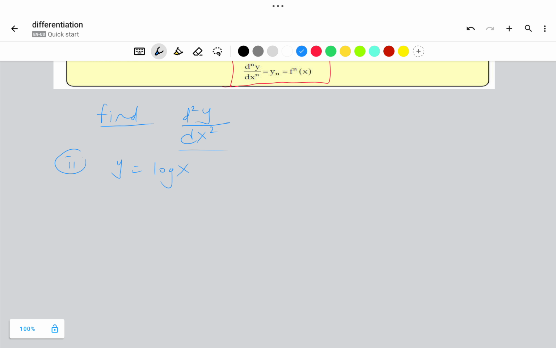So how will we solve this? First we will differentiate with respect to x. So this would be the derivative of log of x, which is 1 by x. So we got the first derivative.